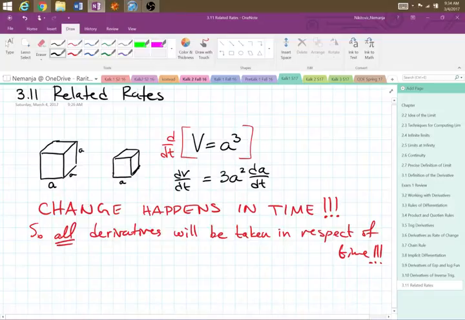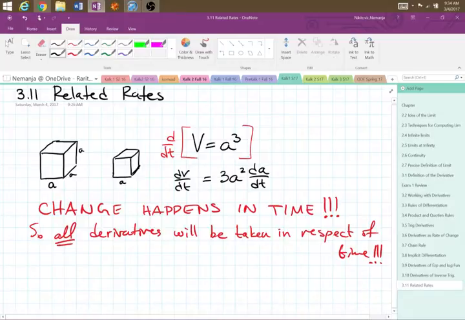So in this problem, I actually have both shapes on top of each other. So on this part of the problem, r is constant. So when you take the derivative of it, it's 0, because there's no change in r. But in this case here, r is not constant. Therefore, when you take the derivative of it, it will be whatever it is times dr/dt. So here r would die, and here r stays.